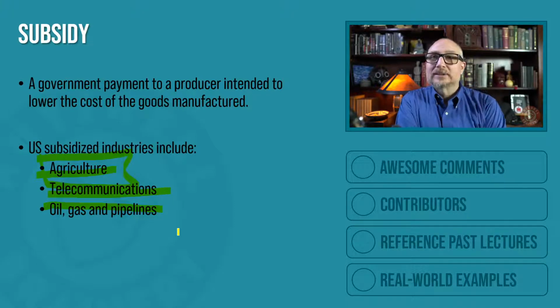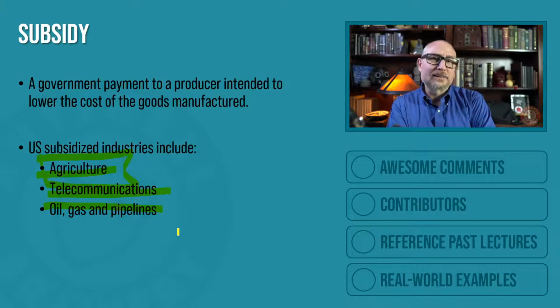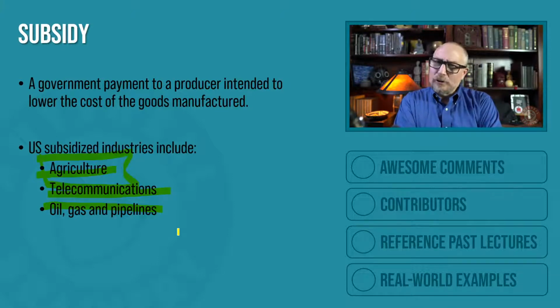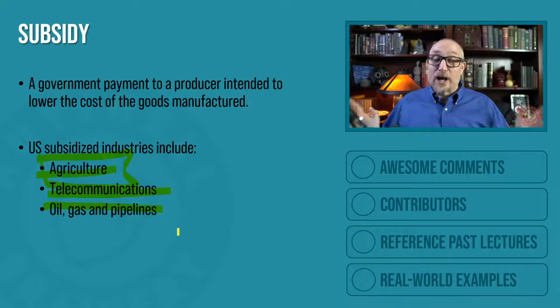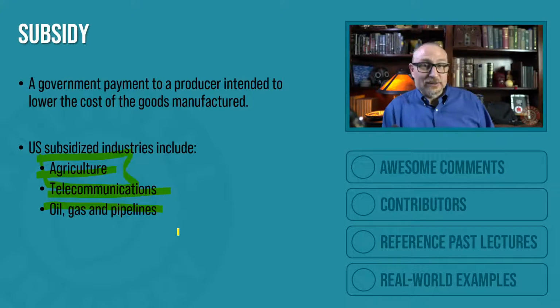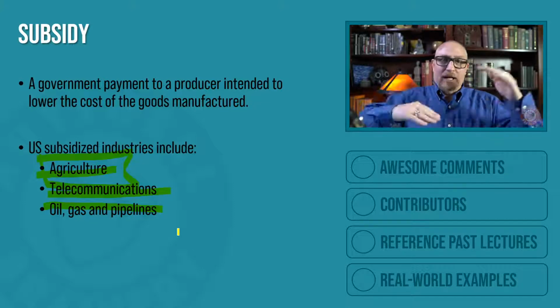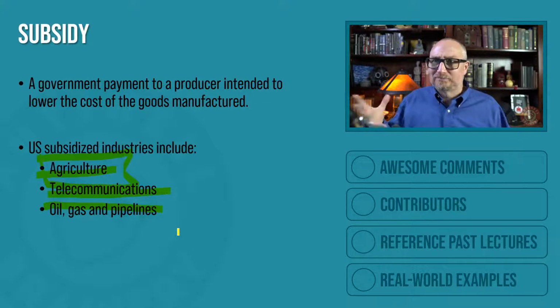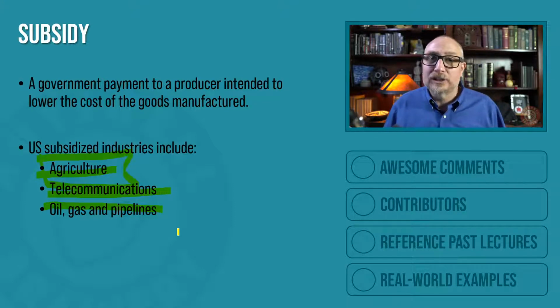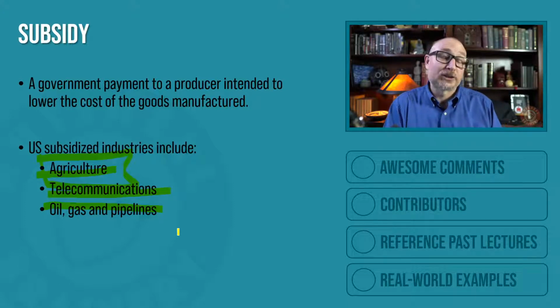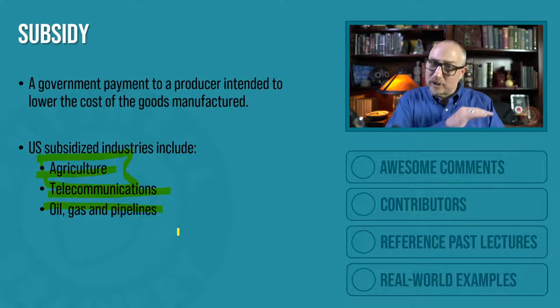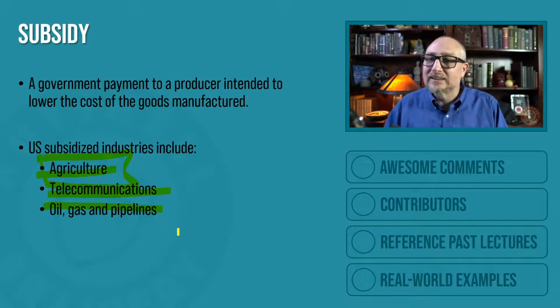If you notice, the price of bread, the price of milk, never really changes that much. It's always pretty consistent. Why is that? Why is it not beholden to market fluctuations? Because the government subsidizes these things to make sure that the prices stay pretty steady.